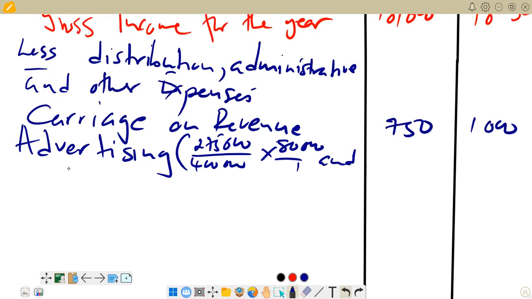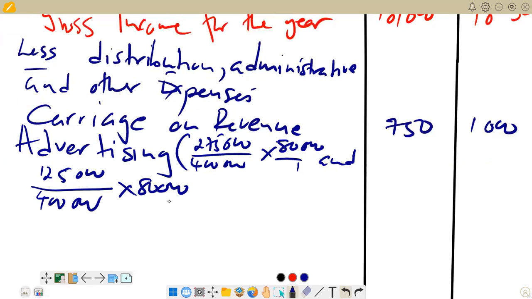Then in the second working, we said 125 over 400,000 times 80,000 over 1. And the figures that we got on the first part for toys, we got 55,000, and then here we got 25,000. So this is what we have on advertising. We go and check another expense that is there.